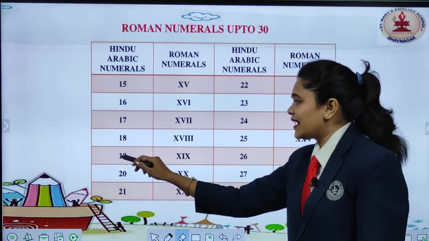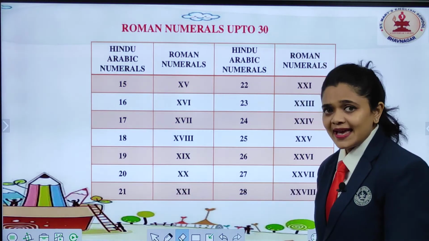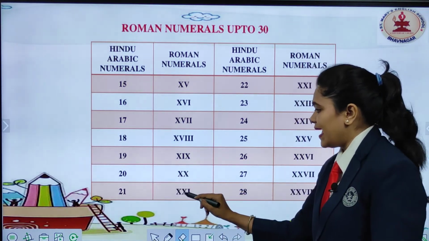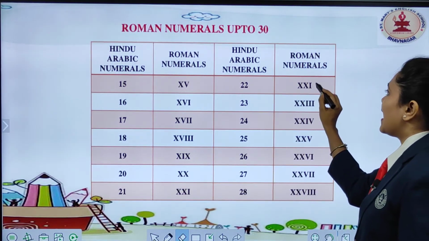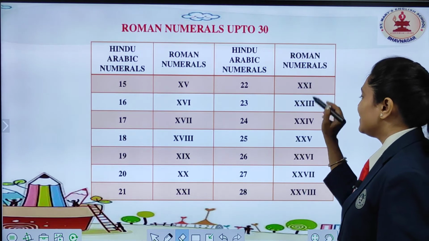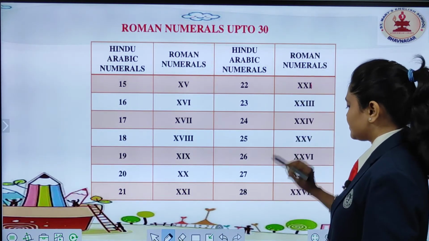Next we have 19, XIX, 20, XX, 21, XXI, 22, XXII. That is one more I. Right, children?